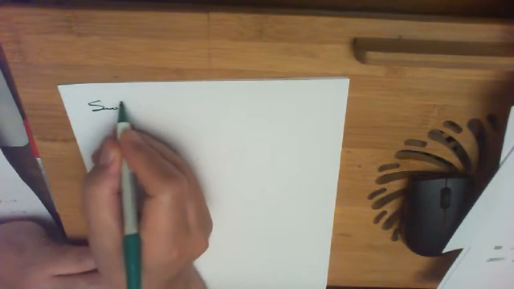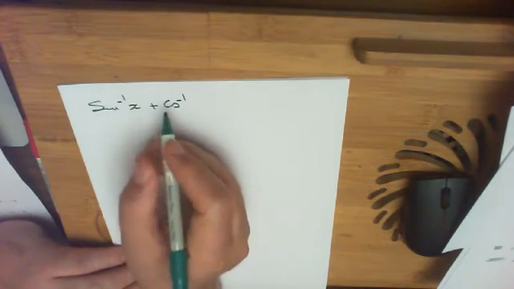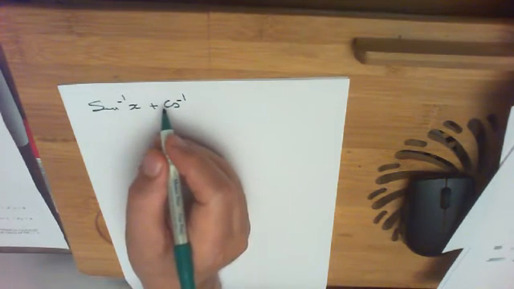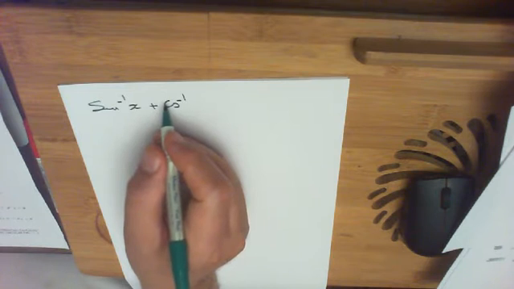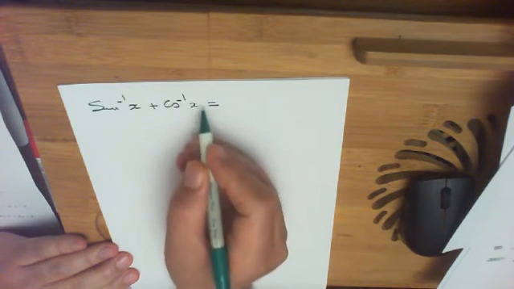The last part asks us to prove that sine minus 1 x plus cosine minus 1 x equals pi by 2.